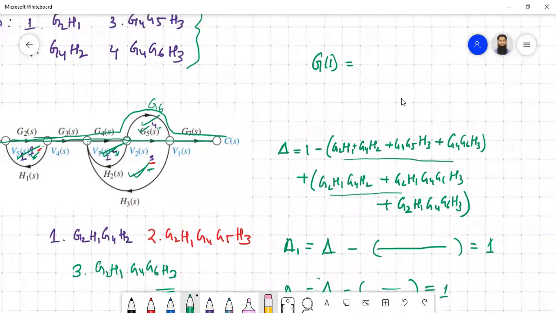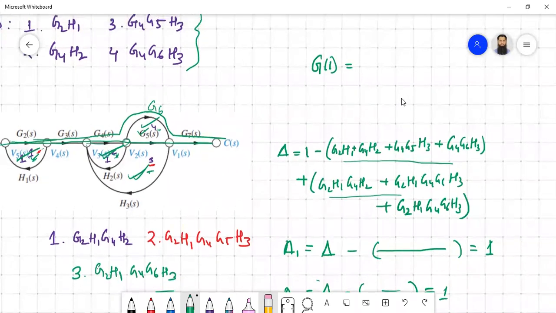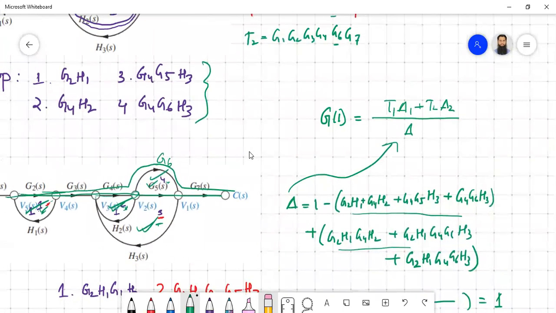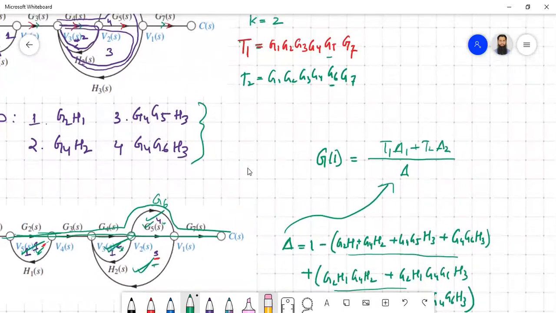So what is our formula here then? Our formula will be T1 del 1 plus T2 del 2, divided by del. We already know what is del, you can put the value of del here, and we already calculated T1 and T2, so you can put those values, and del 1 and del 2 are actually 1.